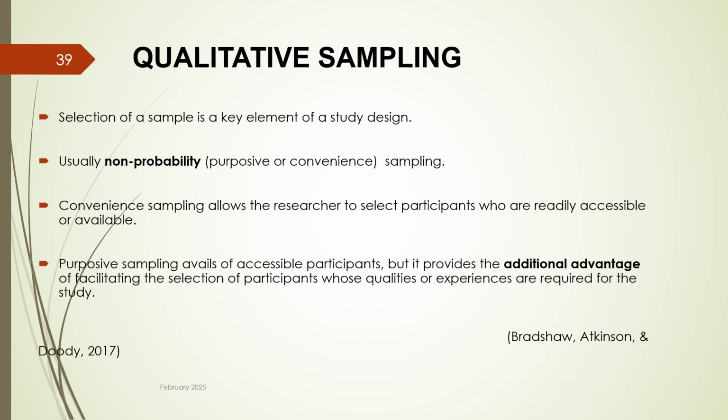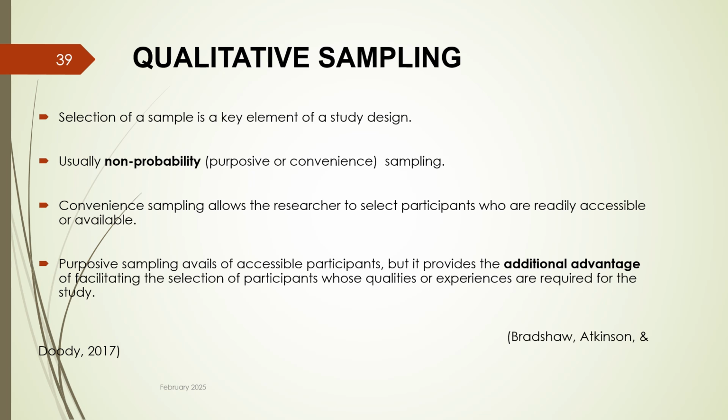Another type of sampling that can be used in qualitative research is convenience sampling, which is choosing the participants who are readily accessible or available. So we have two types of sampling. Purposive sampling provides an additional advantage over convenience sampling of facilitating the selection of participants whose qualities or experiences are required for the study, or as we said, match the objectives and aims of your study, so they can give you rich information regarding your topic.